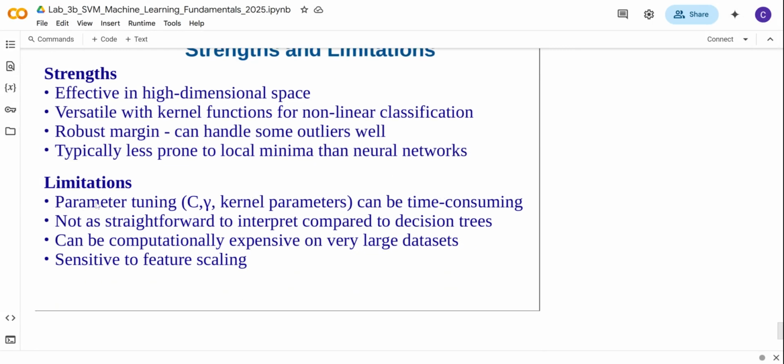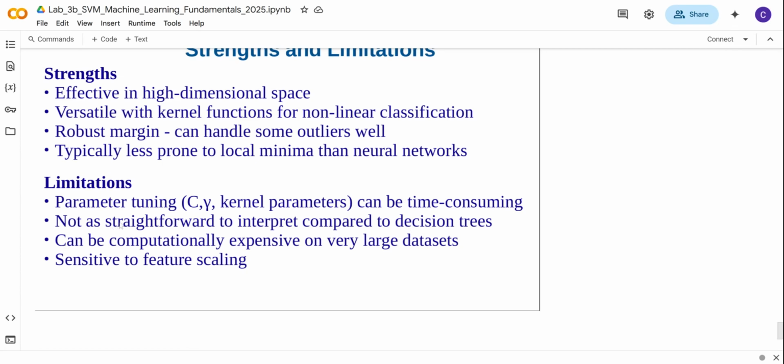The limitation is that you have to tune the hyperparameters, as we have seen. You need to find an appropriate regularization parameter, the gamma, and choose the appropriate kernel parameter. This can be time consuming.